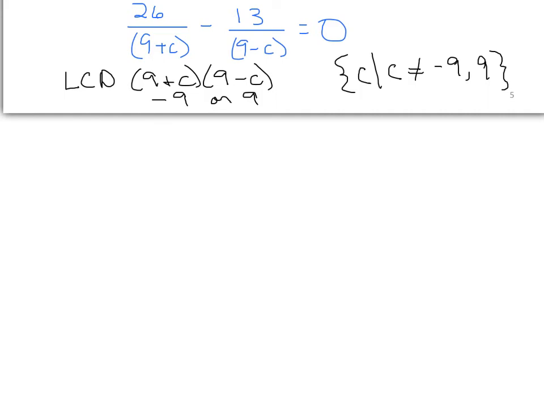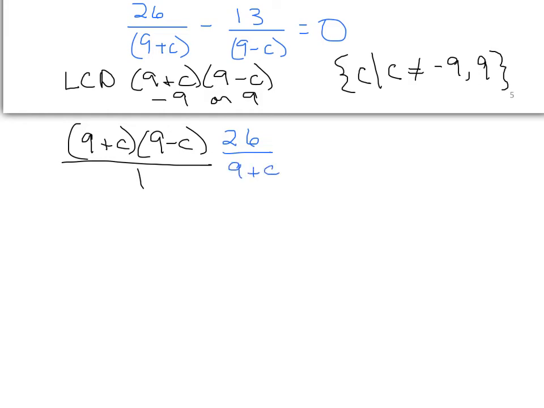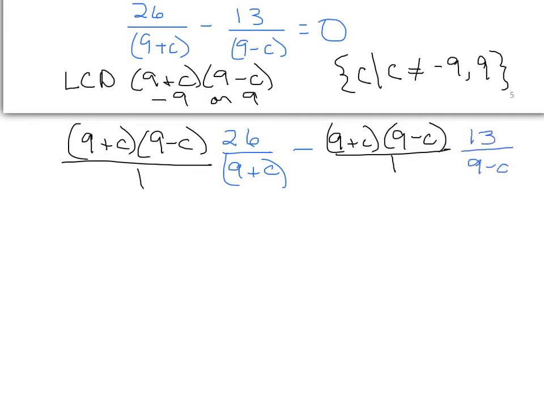So we write (9 plus c)(9 minus c) over 1 times 26 over (9 plus c), minus (9 plus c)(9 minus c) over 1 times 13 over (9 minus c), equals 0.